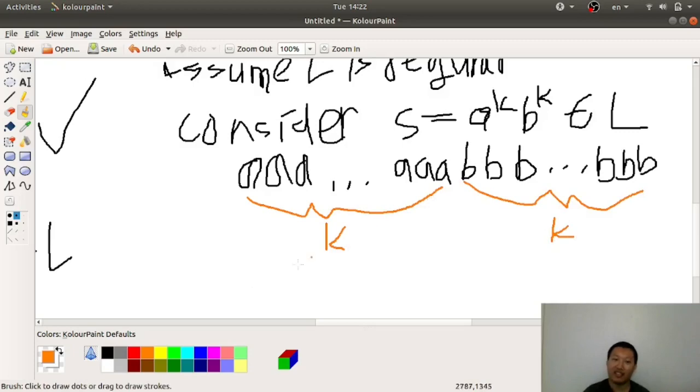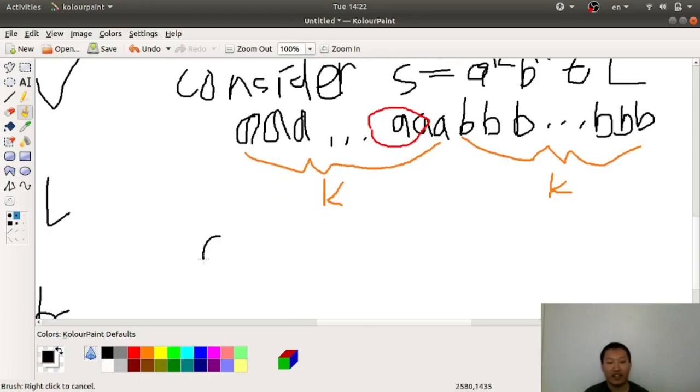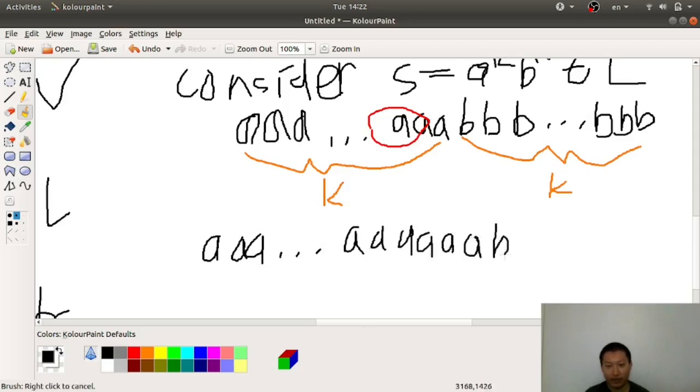The pumping lemma tells us that there's some string inside here that we can repeat indefinitely, and we get another string in our language. So for example, we could have A, and then we repeat a bunch more A's. And then we have B, B, B, dot, dot, dot, B, B, B.